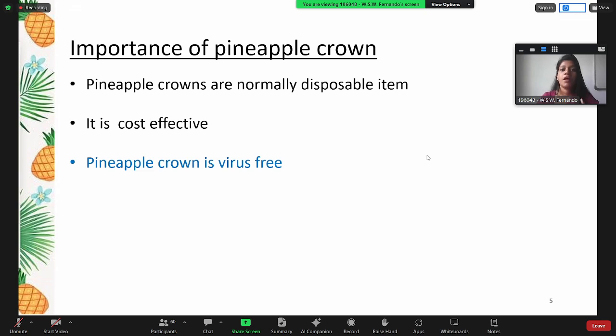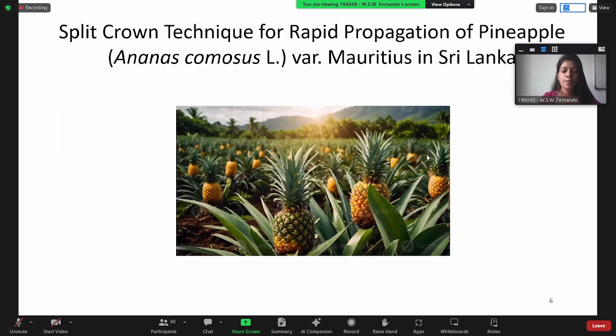Therefore, due to the difficulty in obtaining planting materials using crown, the split crown technique was applied. The split crown technique has been reported as an efficient method to obtain suckers when applied to the crown. Therefore, I thought of doing research using the split crown technique for rapid propagation of pineapple using Mauritius variety in Sri Lanka.